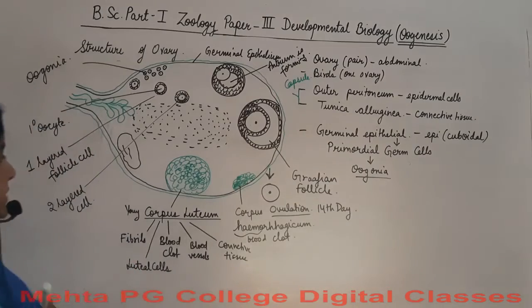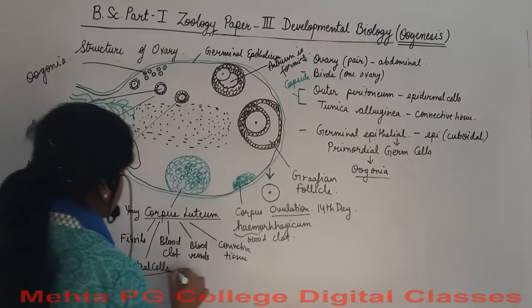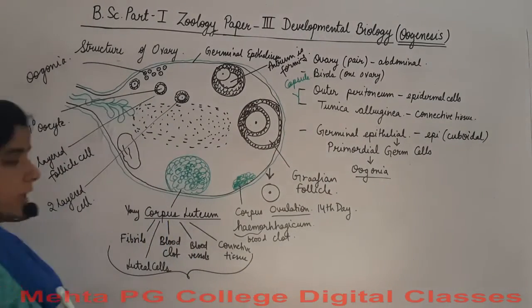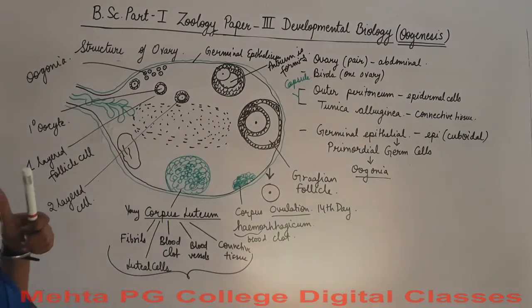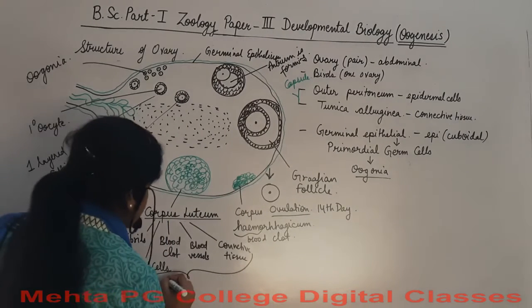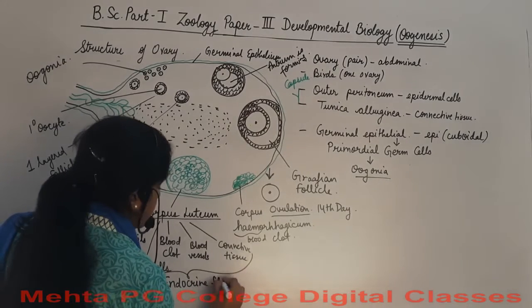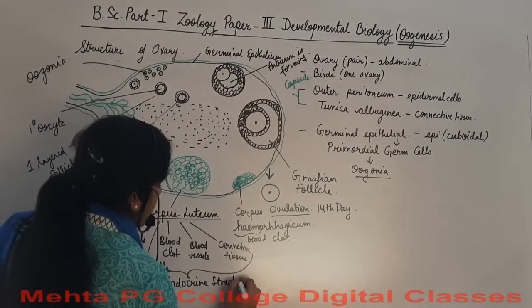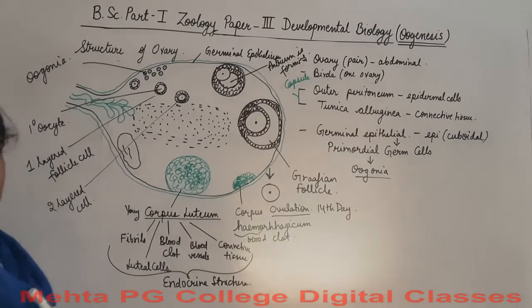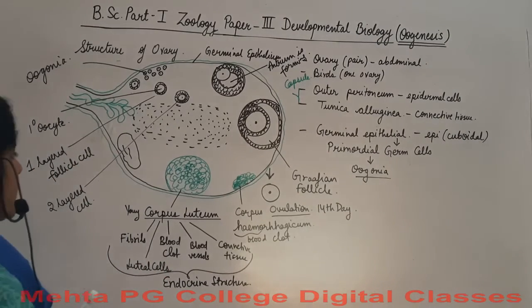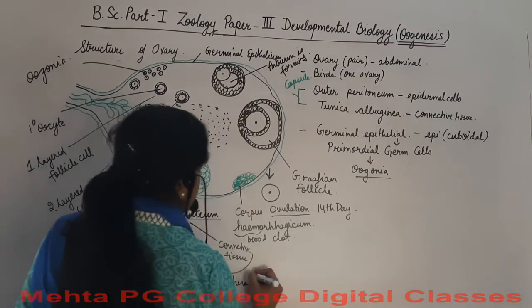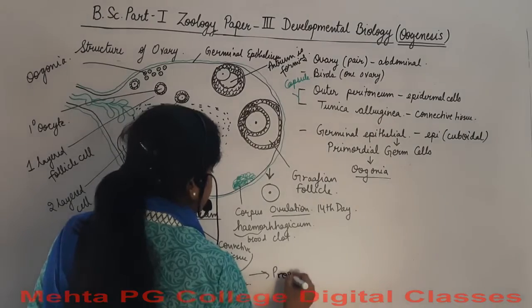So it contains all these structures. Even nerve fibers are present here, and we can say that this is a kind of endocrine structure, because later on it will release progesterone.